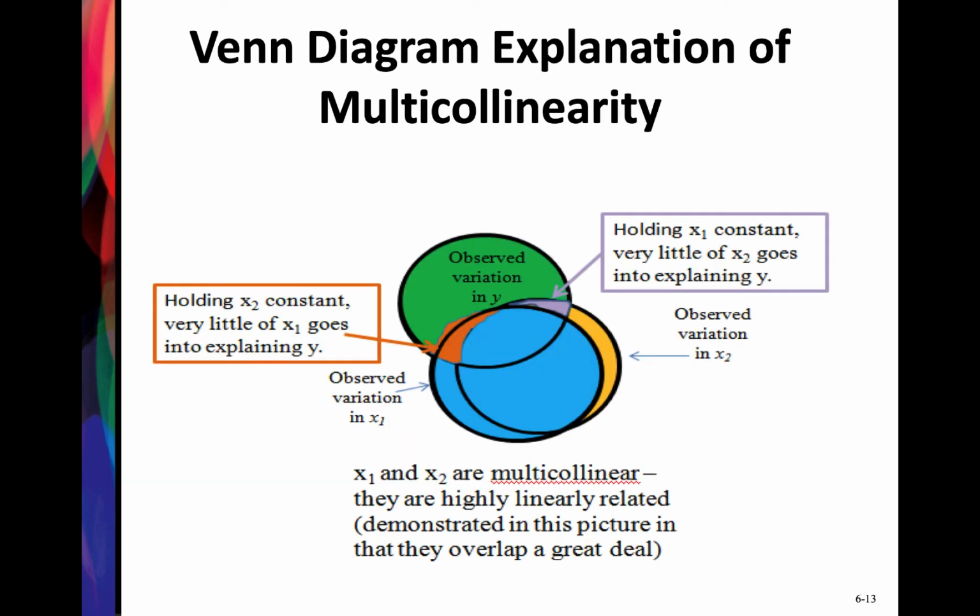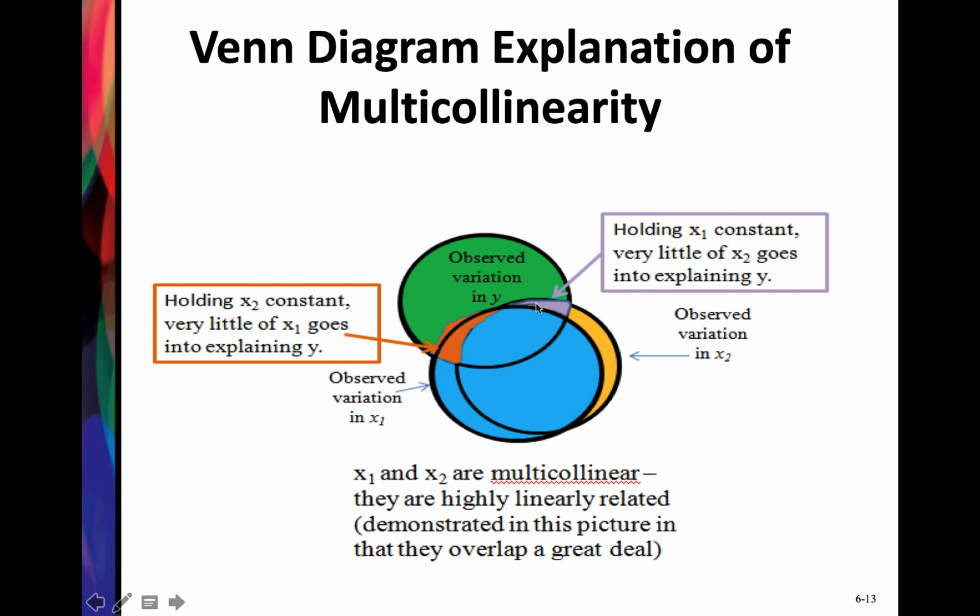Here's a Venn diagram of what is happening. I know it's a little bit sloppy, sorry. It's a little embarrassing. But in this case, we can see that jointly, these two variables explain y, but individually, there's just not that much information that goes in. So said another way, once I remove the effect of x2 from x1, and then I try to explain y using that impact, it's not that big. It's just that little orange part.